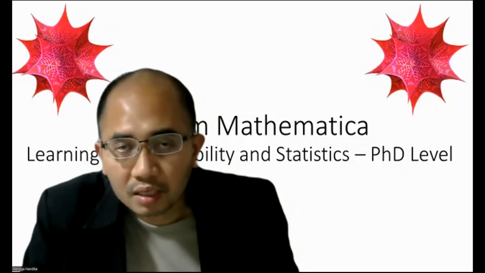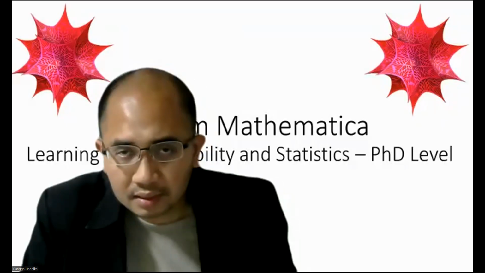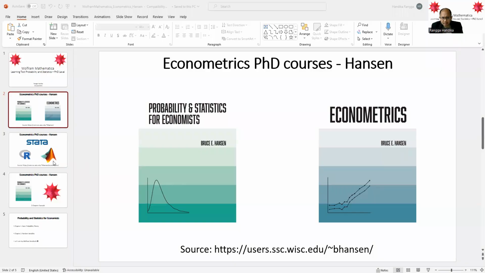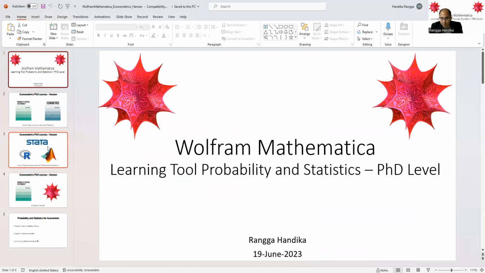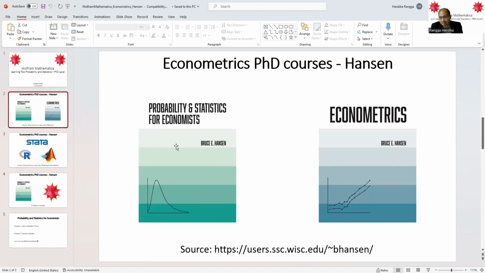Okay, so again, in these sessions, I would like to explain how Mathematica Wolfram can be used as a learning tool. Again, this is just an example, not covering all the topics, just the first two chapters as an example.